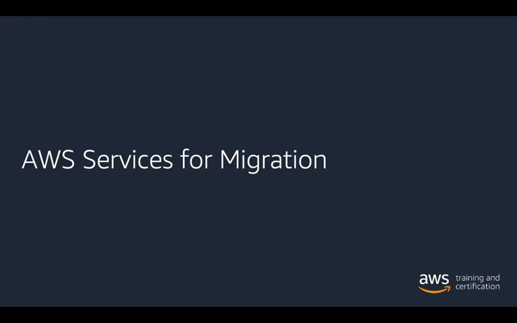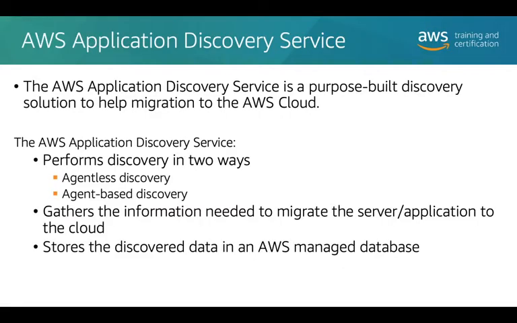AWS has got a number of services that can help you in migrating to the cloud, and many of these are discussed during this two-day course. For example, one of these is the Application Discovery Service, and the purpose of that is to help you identify what your infrastructure looks like in order to help you make the right decision making to migrate to the cloud.